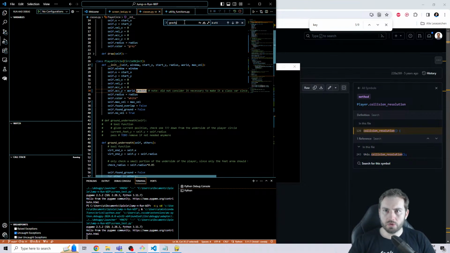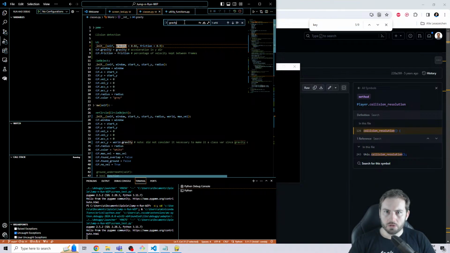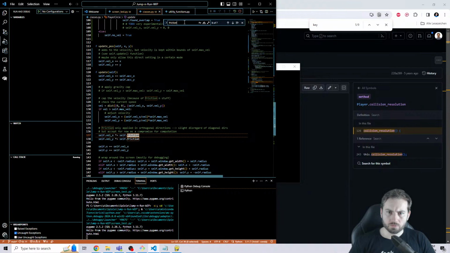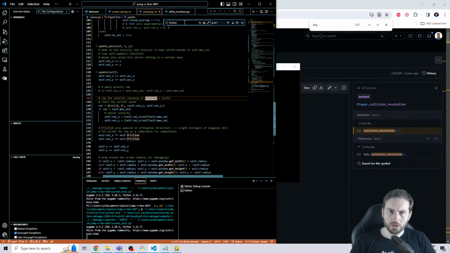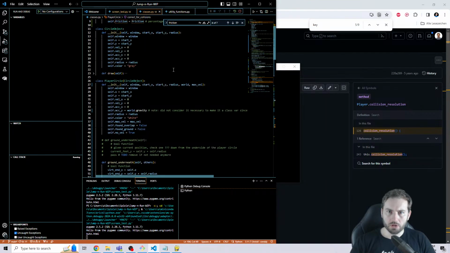So where else did we have gravity? Only here. And where did we have the friction? Have to make it a global parameter in this class.